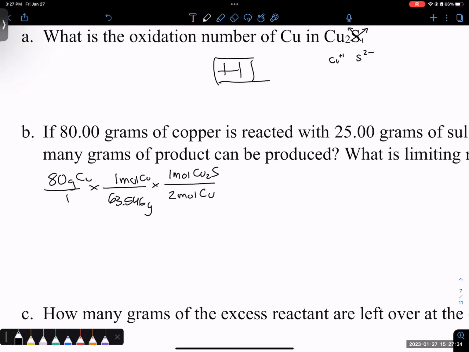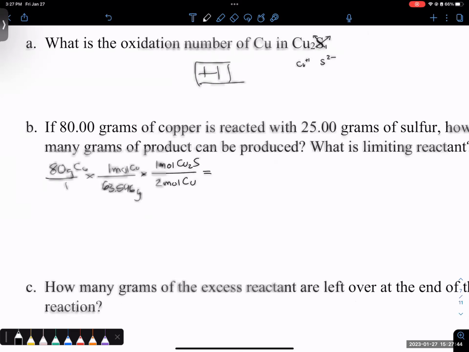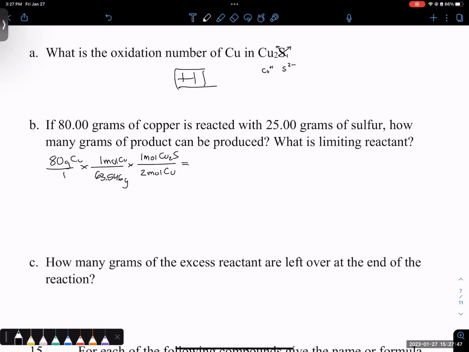And before you go to grams, I usually just end off at moles so that I can figure out which one's the limiting reactant first before going on to another step. Because honestly, it's not even asking you to go that far, so you don't need to figure out the theoretical yield right now. So if you do this, you should get 0.6295 moles of Cu2S.